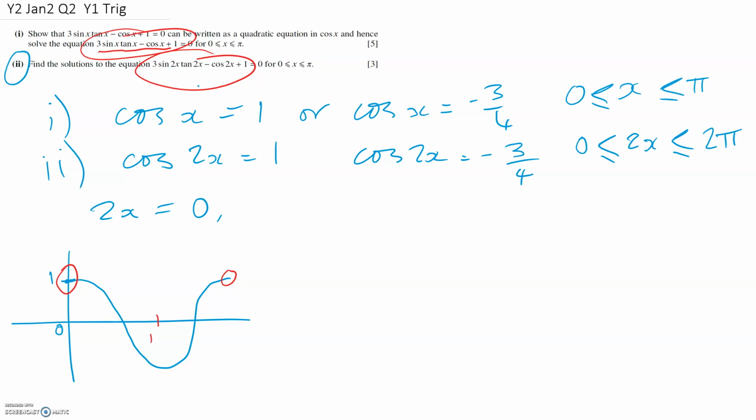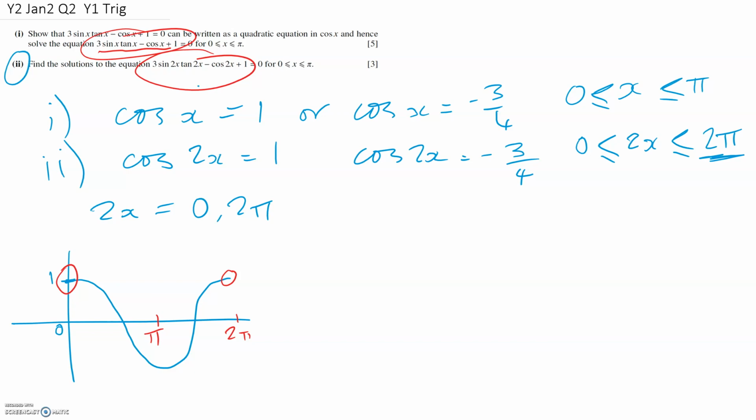This is pi here, and 2 pi is over here. So it will be 2 pi. It will also be at 4 pi, 6 pi, and so on. But remember, our range is up to 2 pi. We don't care about anything after 2 pi.